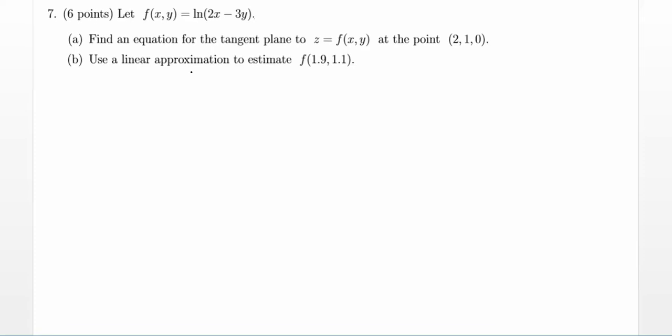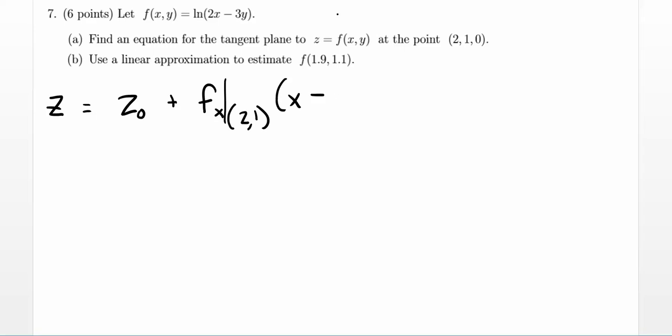Okay, so the equation for the tangent plane is z equals z naught plus f_x evaluated at that point, (2, 1), times x minus, well, we'll write it in general first.